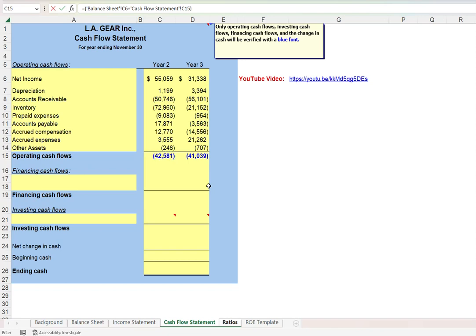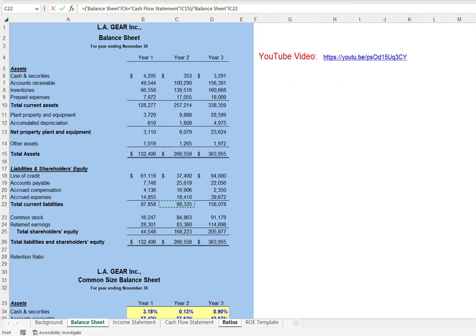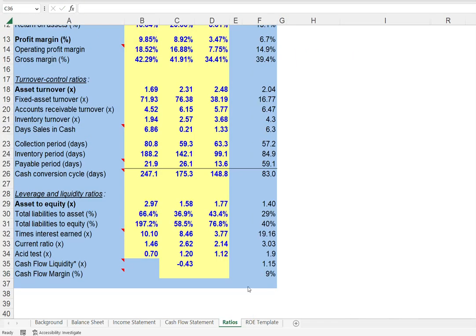Let's pick that up. And then we're going to divide that whole amount by our current liability of $98,335. And you can see we have a negative number. So we don't have enough cash to cover current liabilities, and the cash we're having come in isn't going to do it either.